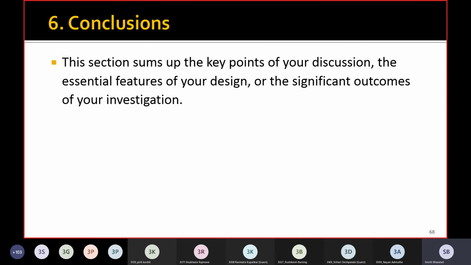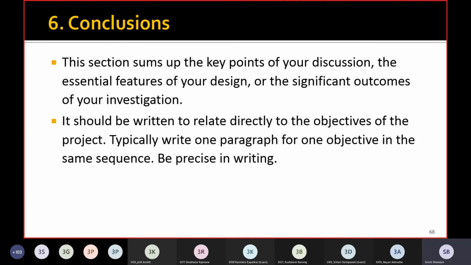If you have 4 objectives, then how you have achieved these 4 objectives and whatever the performance of your system is, briefly you need to touch upon all the achievements with respect to the objectives, right? That forms the conclusion of your project.